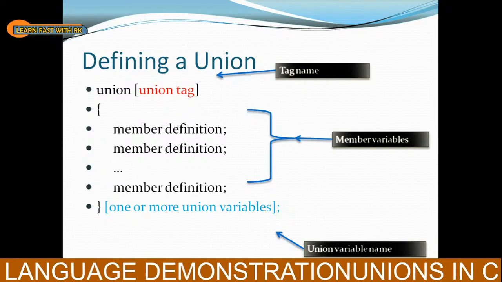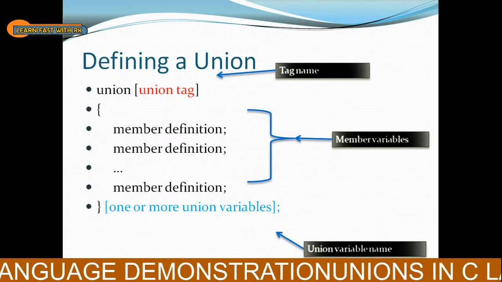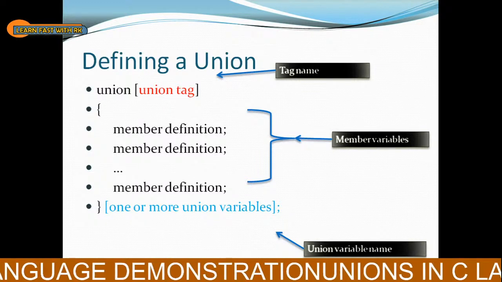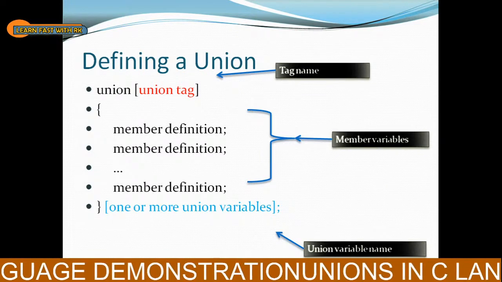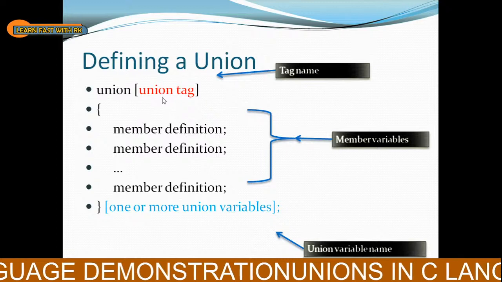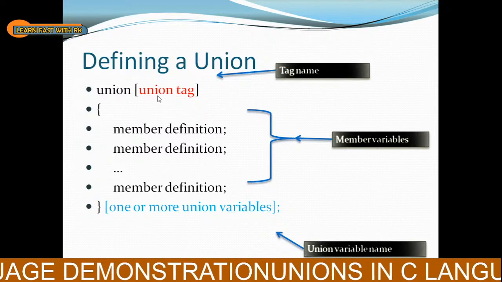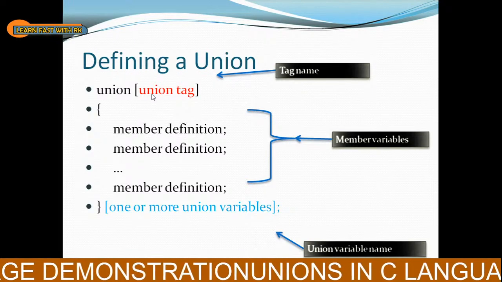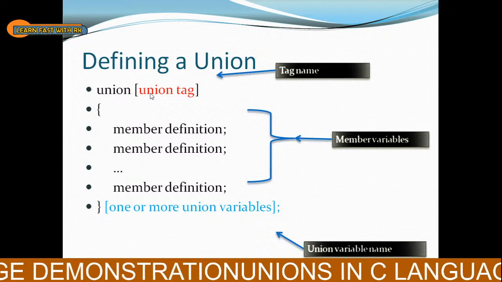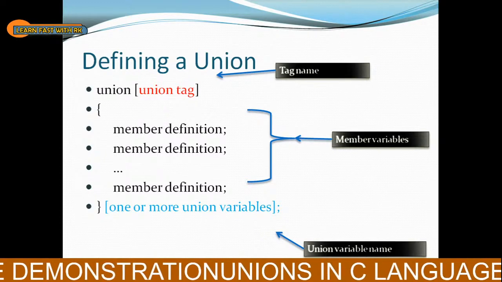In the case of anonymous unions, this tag name need not be provided. That means if you don't want to refer to this union further in your program, then even if you don't give this tag name, that works fine.